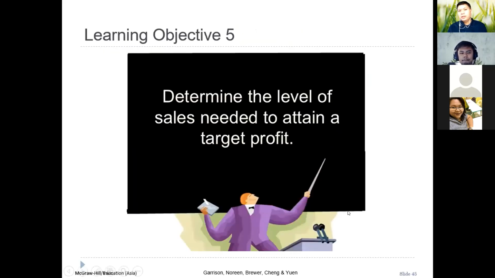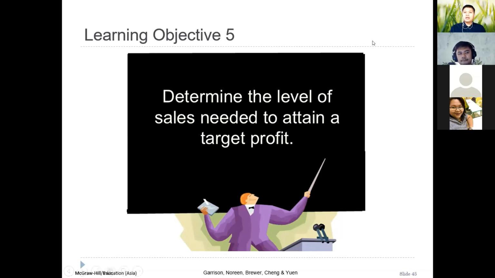Now, in objective number 5, we determine the level of sales needed to attain a target profit. Okay, in the previous slides, we computed for the break-even point, sales in units, break-even point, sales in pesos. And then we determined also what's the effect on net profit of any change in selling price, in quantity, in variable rate, or even in the fixed cost, or any combination of those.